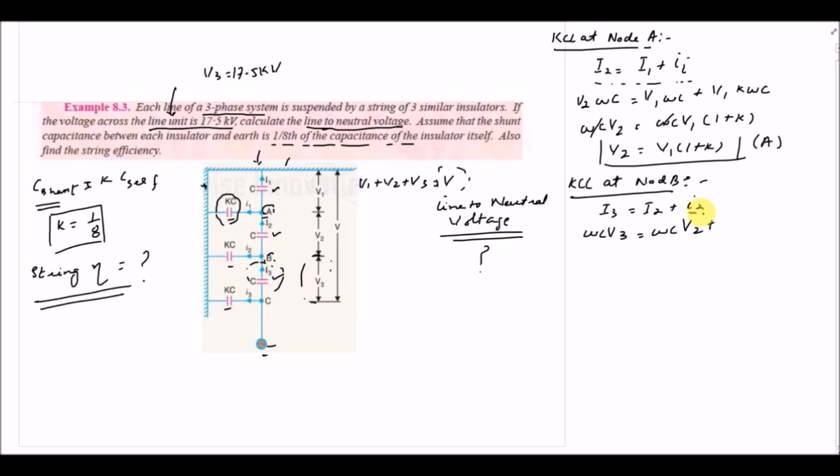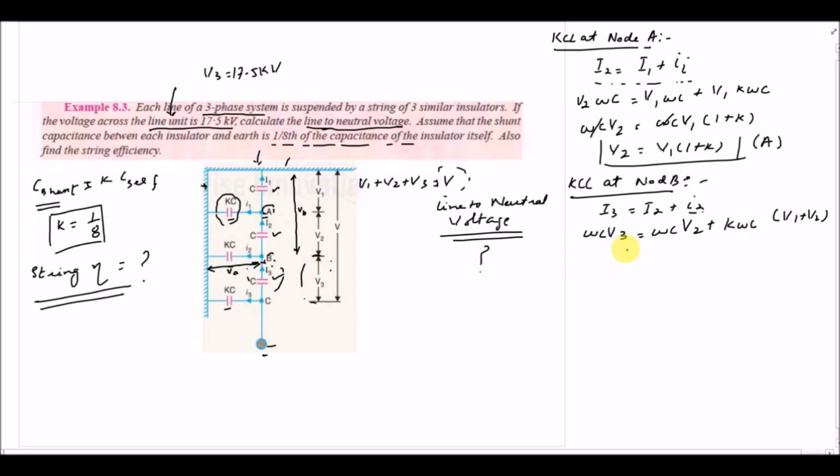Now for small I2, the voltage from this point to ground is actually equal to the voltage from this point to ground, right? So these two values, this is VA and this is VB, they are equal. VB is the summation of V1 and V2, so I will write it as K omega C into V1 plus V2.